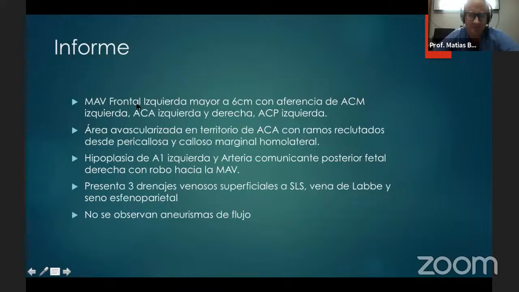This study showed a left frontal AVM with 6 centimeters of maximum diameter, with afferents from the anterior cerebral, middle cerebral artery and bilateral anterior cerebral arteries, and some afferents from the posterior circulation using a left posterior communicating artery that was fetal in this case.